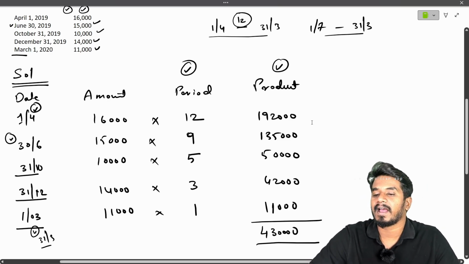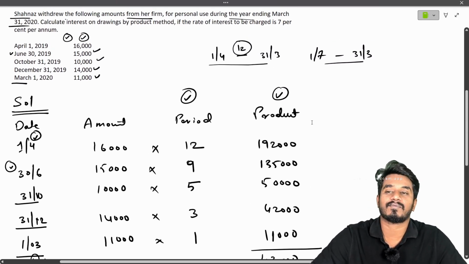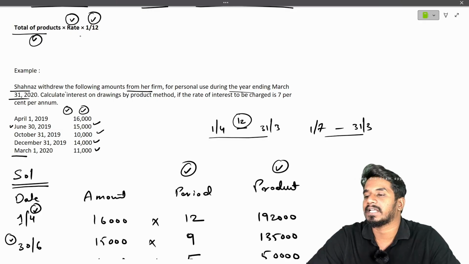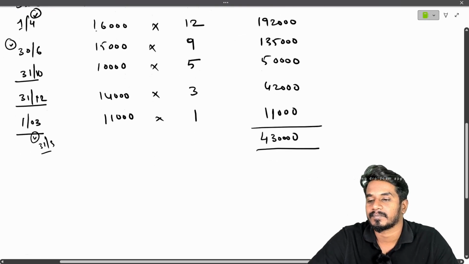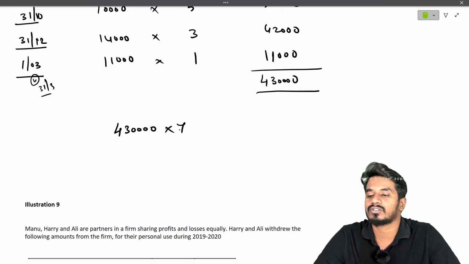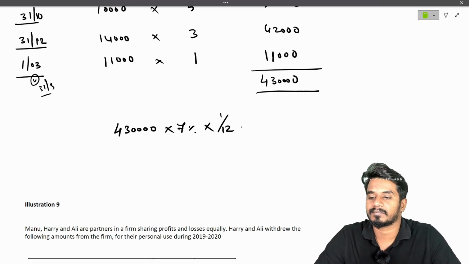From this, we have to calculate interest on drawings. So for interest on drawings, what is the formula? I have already given: total product, whatever we get, and interest on drawings that is 7%, and 1 by 12. That's it. As simple as that. 4,30,000 is the total product and interest on drawings is 7% into 1 by 12.